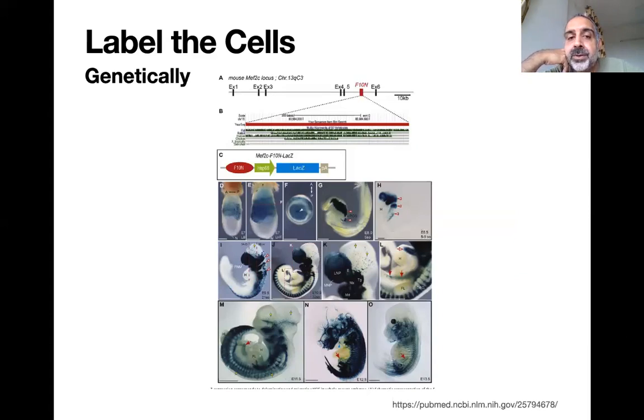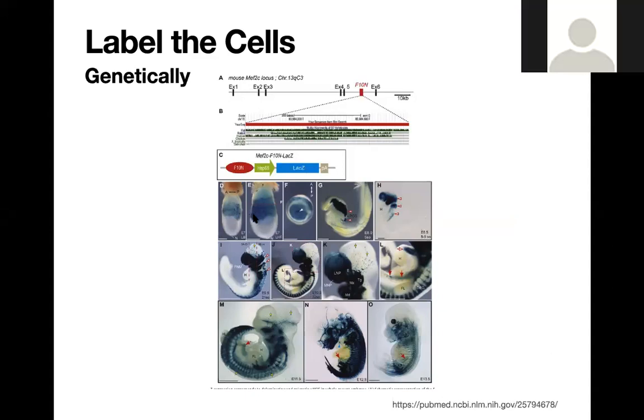You can have an enhancer drive a particular gene in a subset of cells, and this will give you some idea of what these cells will give rise to. For example, here, what you're seeing in E is this gene, MEF2C, driving a reporter gene, LacZ, beta-galactosidase.